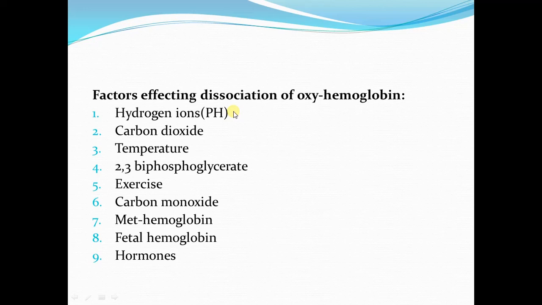So when binding affinity is increased, less oxygen is dissociated from the hemoglobin, and when binding affinity is decreased, more oxygen is dissociated from the hemoglobin. So more oxygen is dissociated from the hemoglobin when the curve is shifted to the right, and less oxygen is dissociated when the curve is shifted to the left.